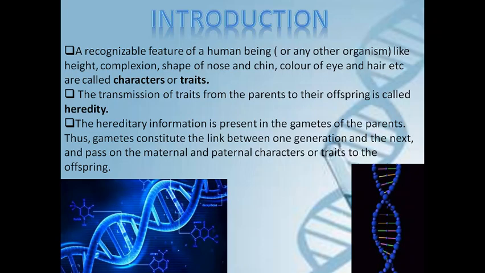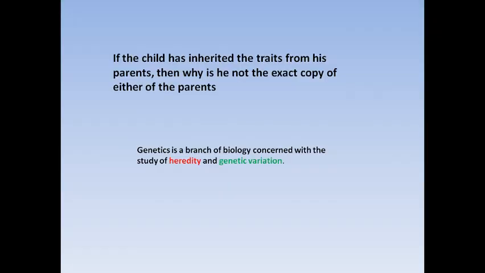Maternal means from mother's side, paternal means from father's side. So these characters or traits pass to the offspring. I hope you are now clear with the concept of heredity, character and trait.